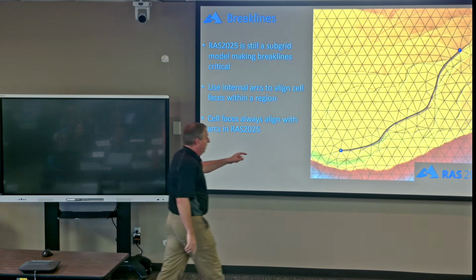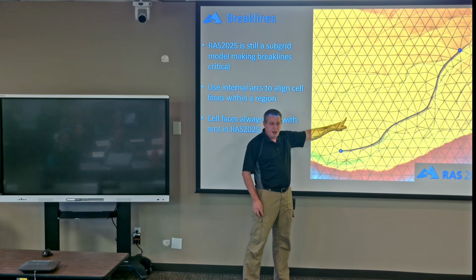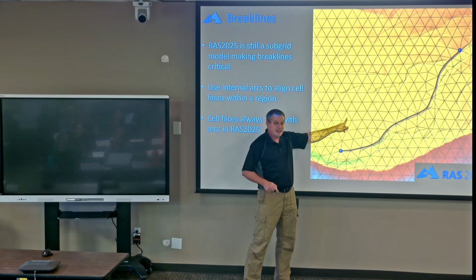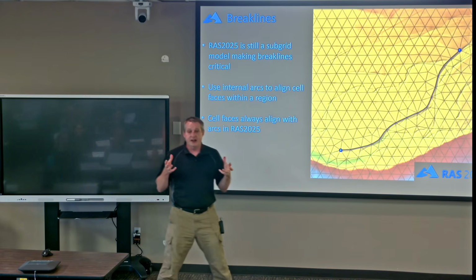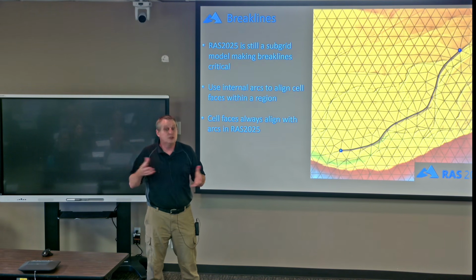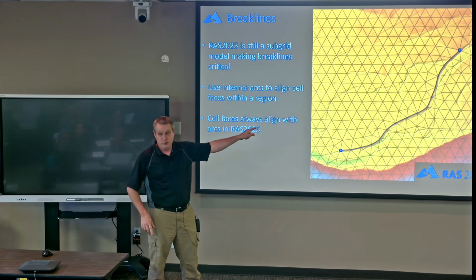Well, this cell is a cell, fine. That's not what makes RAS so powerful. What makes RAS so powerful is that we actually know the volume elevation relationship within the cell. We have information on the subgrid scale. We know what's going on at a scale smaller than the cell itself, which means you can use much bigger cells, which means that's probably way too many cells.